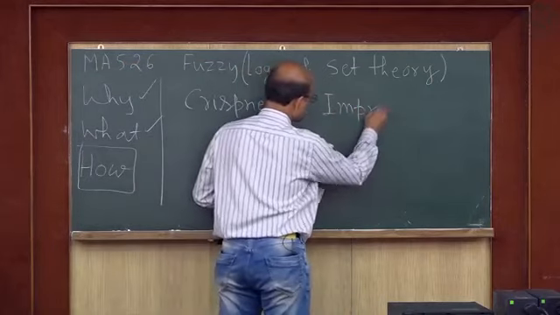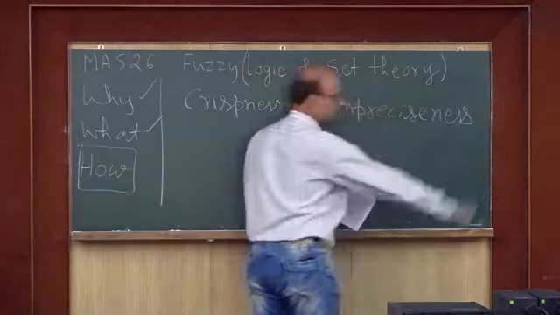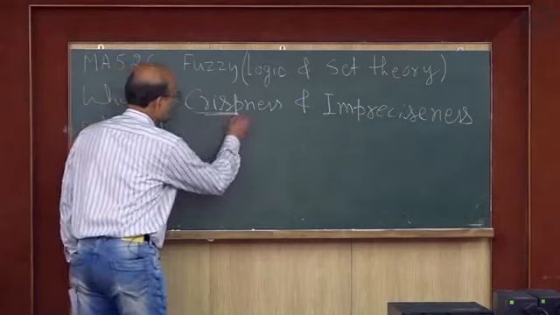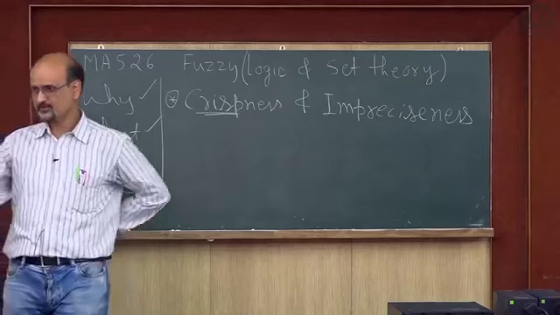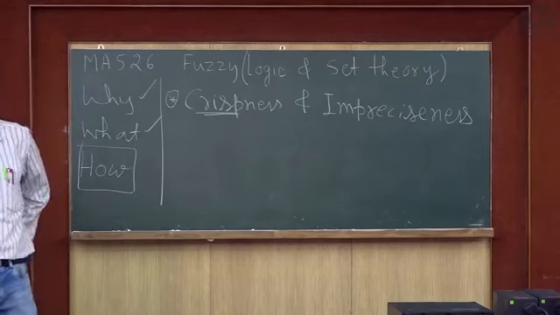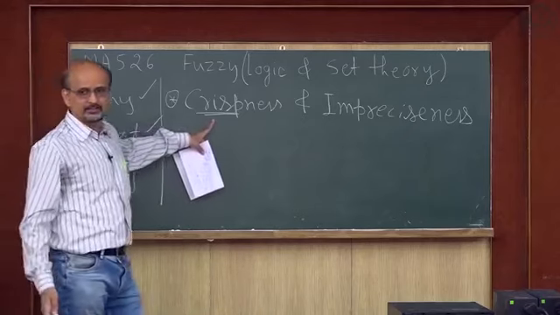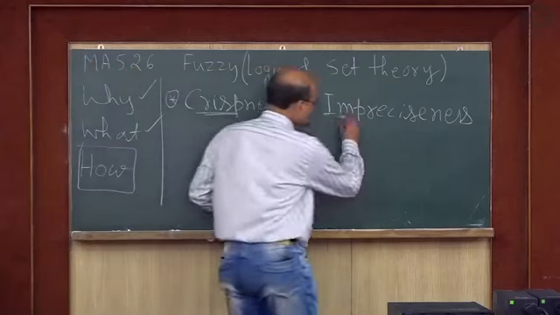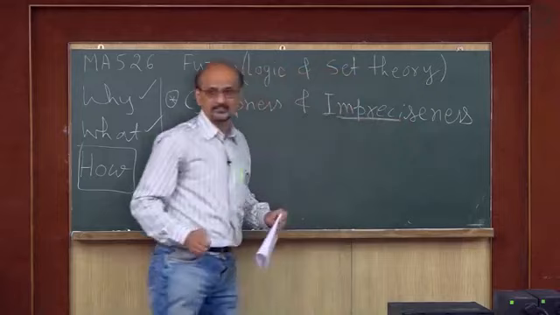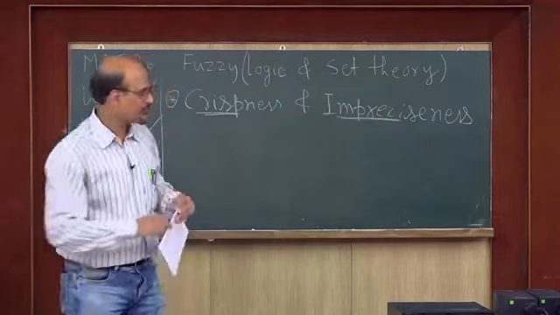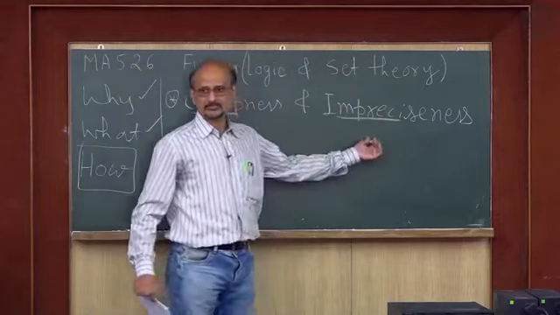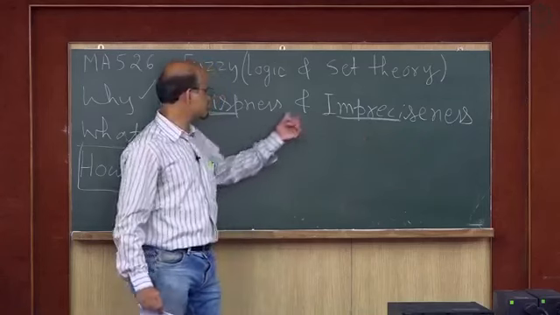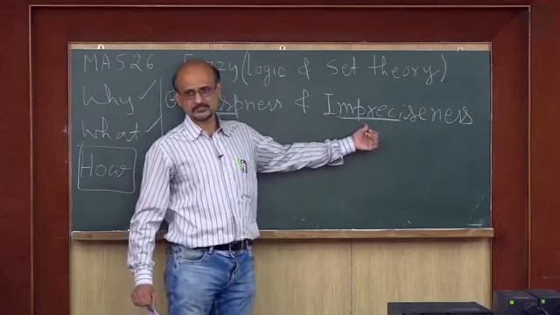I have already told that crispness is when you know the value of the variable or parameters exactly, then it is crisp. And imprecise means you have error in your measurement. That means your variables are not exact. So this is crispness versus impreciseness.